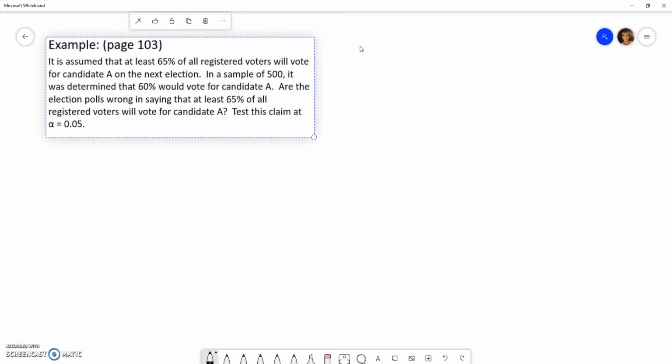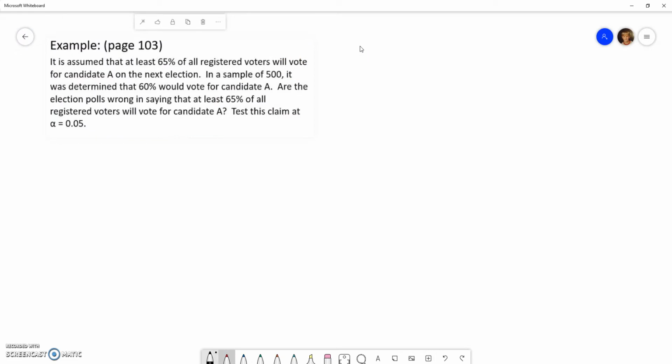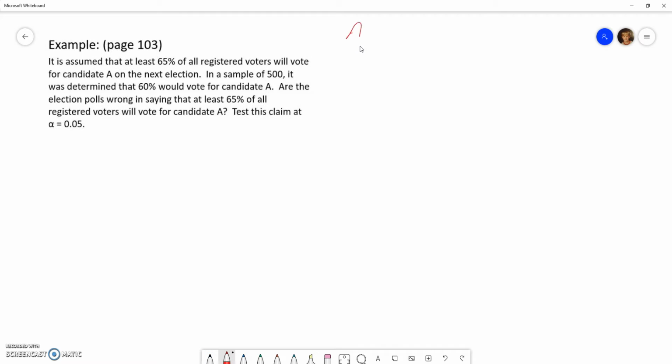So this is an adjusted question. It's not part of the PowerPoint, and it's not specifically part of the course package in terms of using this question. We're going to change this question right here.